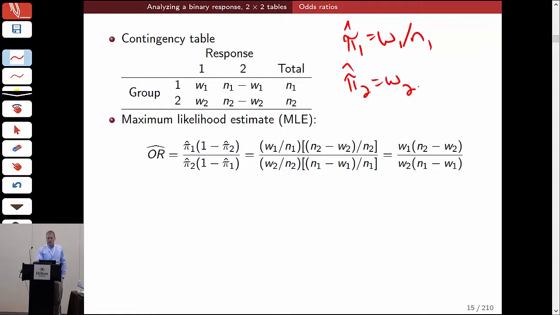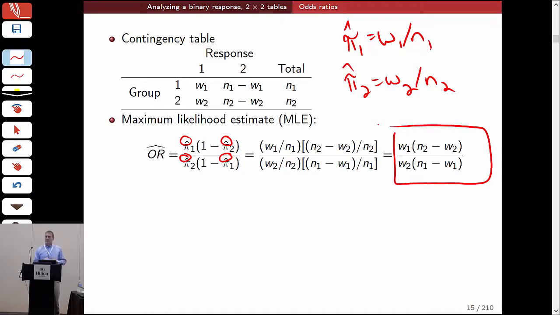And if you're familiar with the invariance property of MLEs, what we can do is we can apply that here by just simply putting hats on top of where we had parameters. So we just stick our MLEs in the expression for the odds ratio itself. We then rewrite the expression in terms of the W's and the N's, and this is what we get in the end.